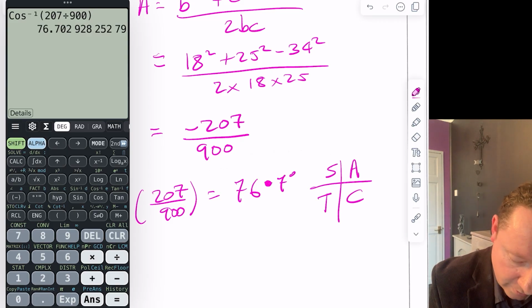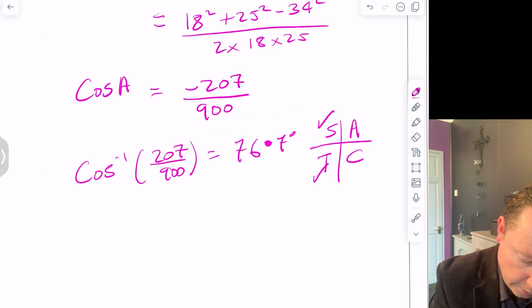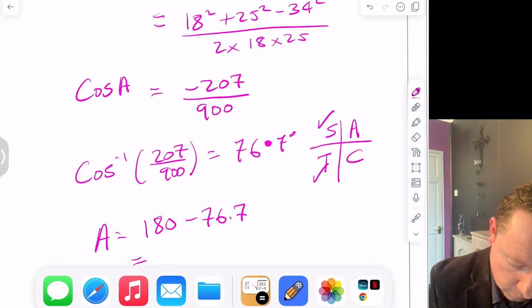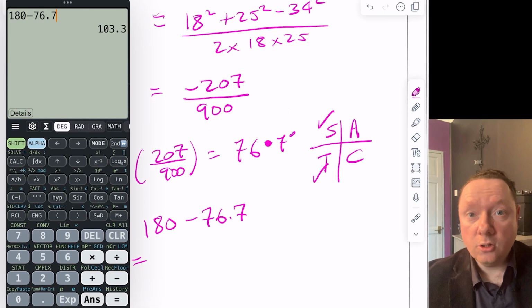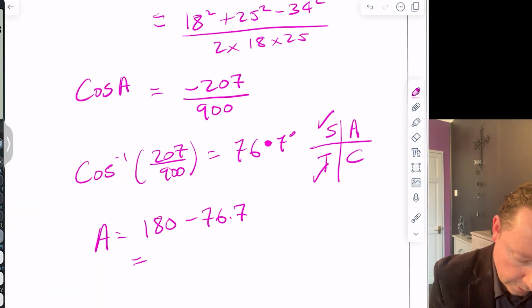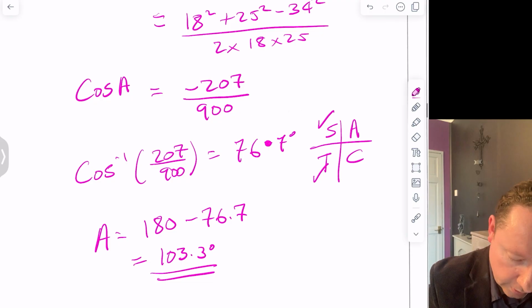Cos is negative, so it's not A and C, it's S and T. So that means that my answer for A is 180 minus 76.7, which is 103.3. So we get 103.3 degrees, and we're done there.